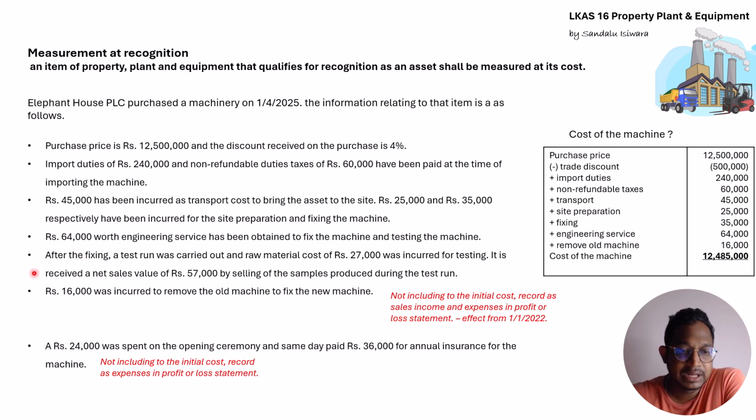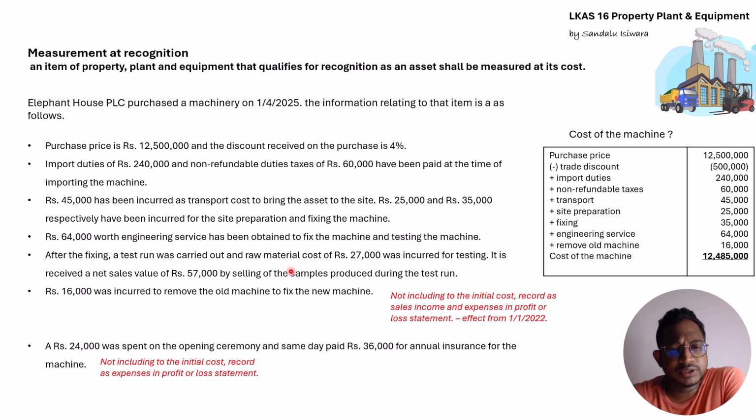And after fixing, a test run was carried out and raw material cost of 27,000 was incurred for testing, and a net sales value of 57,000 was received by selling the samples produced during the test run. This is a bit important thing here.